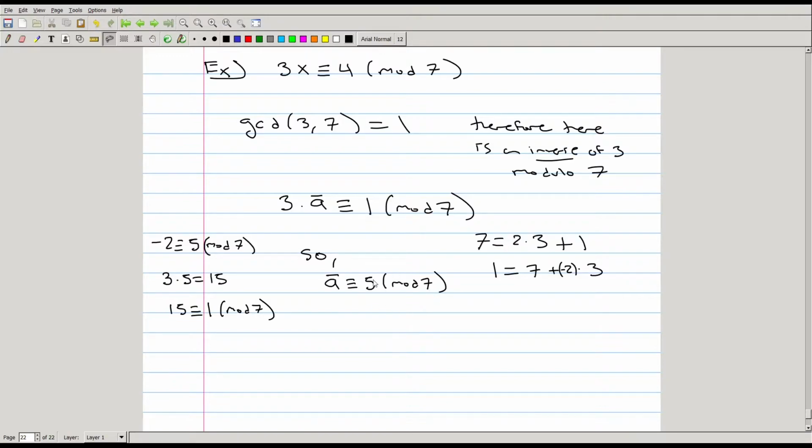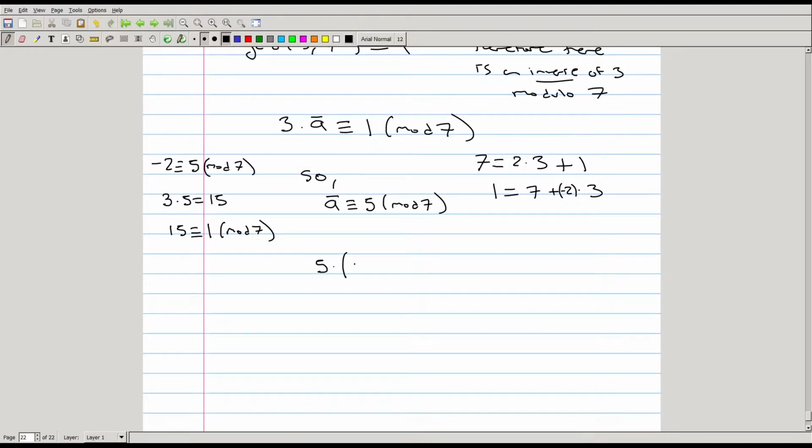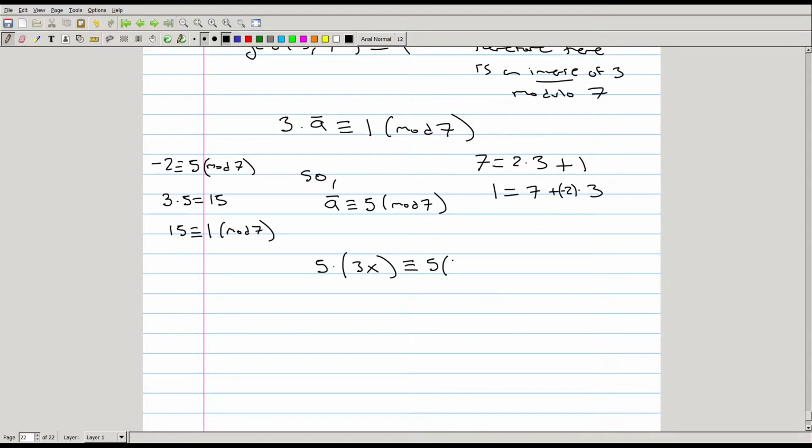If we look at this congruence and we multiply both sides by this inverse, we have that a bar, or 5, times 3x is going to be congruent to 5 times 4 modulo 7, and 5 times 3 is 15, mod 7 is 1.